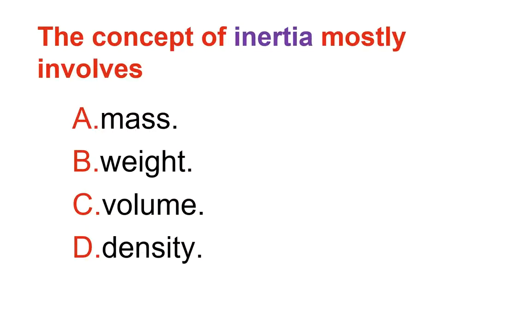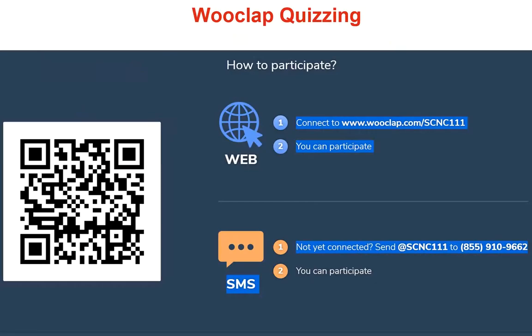Here's our question. The concept of inertia involves mostly which property? Waiting for next class. This is sassy.